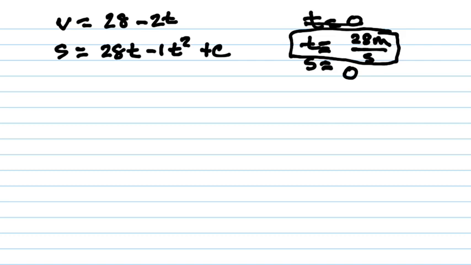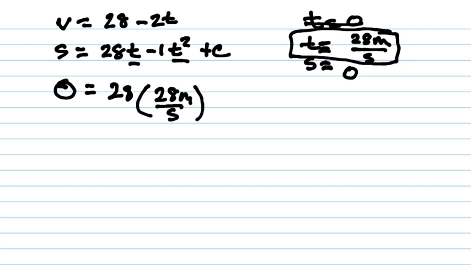Watch how all we're going to do is simply plug that weird number in there, and it's all fine. So s is going to be 0 at our maximum velocity before we brake. So we get 28 times 28 meters per second, and all those meters per second are going to go away in a minute, minus 1 times 28 meters per second squared plus our c.